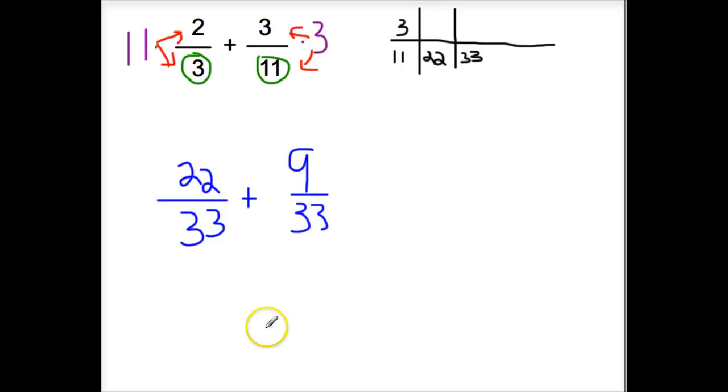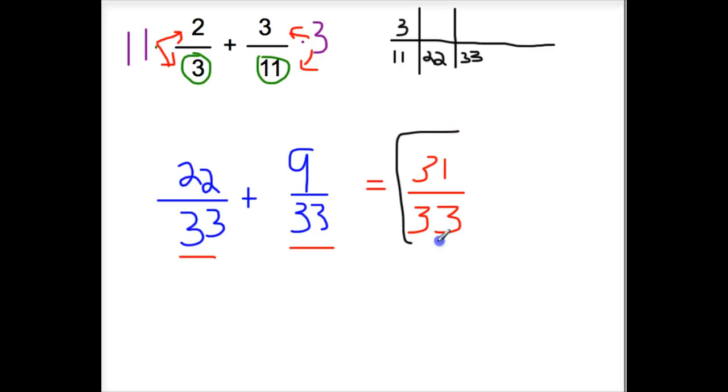33. Now that my denominators are the same, I can add my fraction, and I'm going to get 22 plus 9 is 31 over 33. And that's my answer.